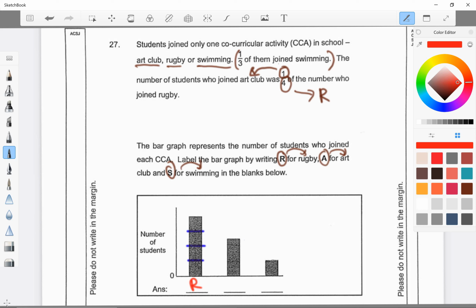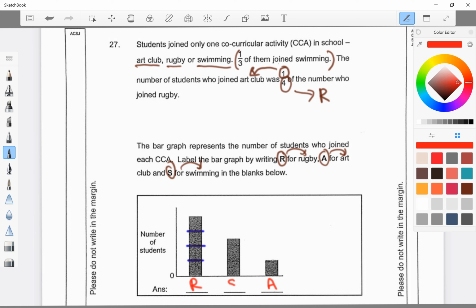It can't be the one in the middle. And in the bar graph, the bar on the extreme right is the shortest one, so it has got to be 1 unit. And if it's 1 unit, it has got to be A for art club. And this leaves us with only one choice left for swimming.